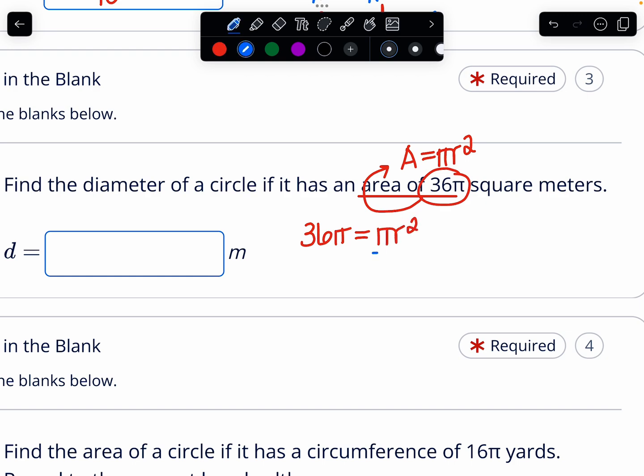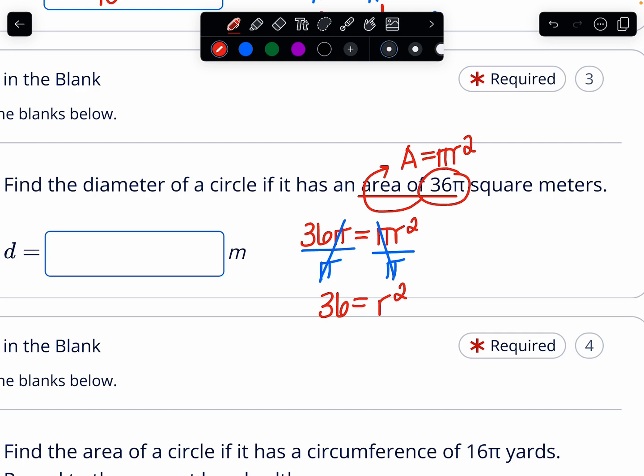Again, we can work backwards. Divide by pi, and that'll tell us what our r squared is. Divide by pi, divide by pi. Don't even need a calculator for that part because I can just cancel out the pi symbols, and that gives us 36 equals r squared.